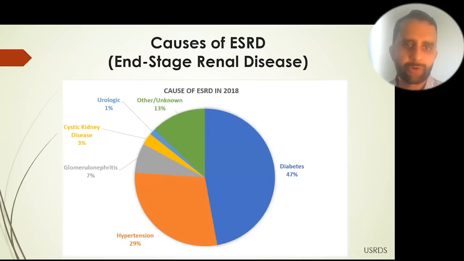And the last quarter of cases is made up by a medley of various causes that unfortunately occur, but are not necessarily related to diet or lifestyle. So the focus of today's talk is actually on the other three quarters, the diabetes and hypertension, and how that relates to kidney disease and what can be done about it.